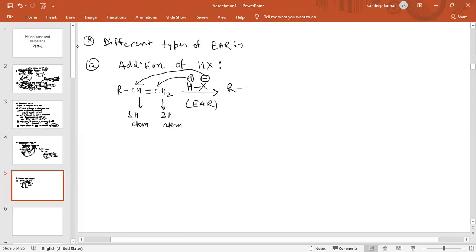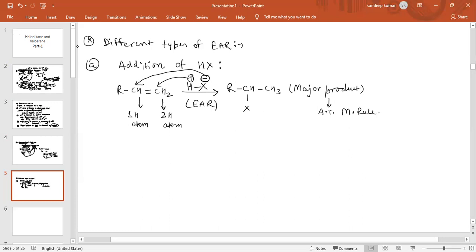So the product obtained is RCHX CH3. This is basically the major product according to Markovnikov's rule.